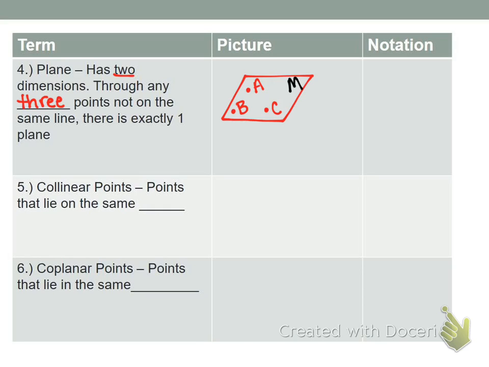Okay, so when we go to name it, we could call this plane M, just using that bold letter. Or we can call it plane ABC, using those 3 non-collinear points, or points that are not on the same line.